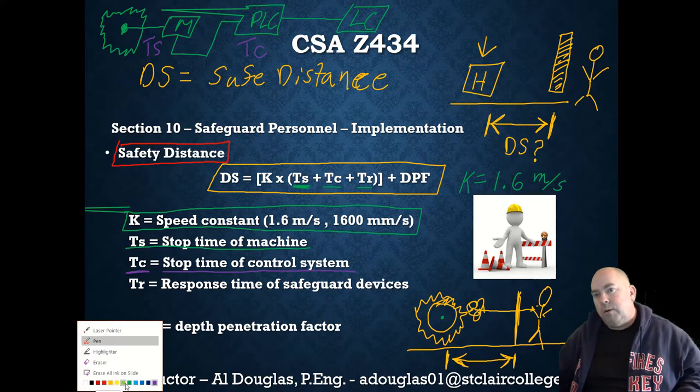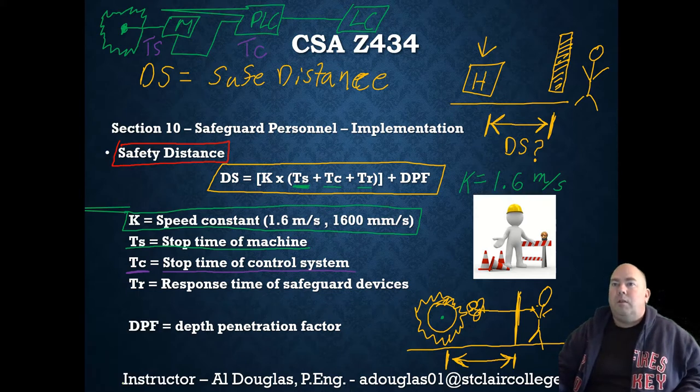The final one we're going to consider is going to be this one here, TR, which is the response time of the safeguarding devices. And this is this one here.